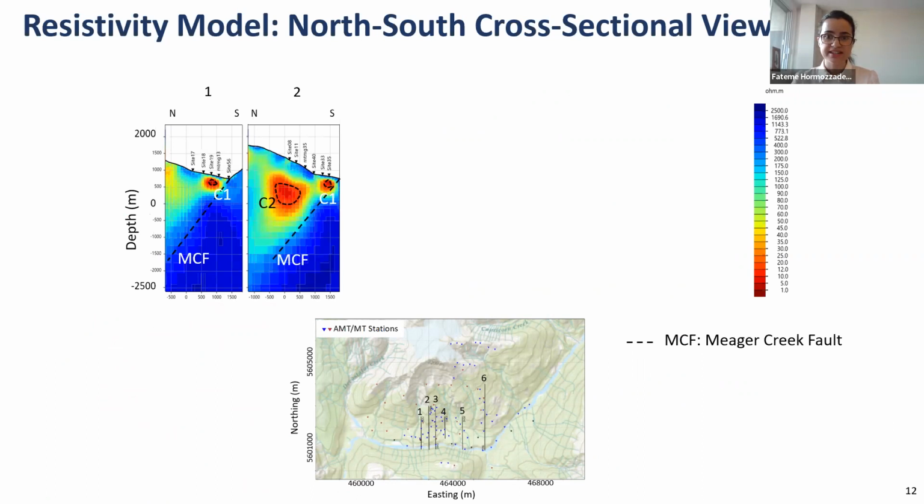So you can see that C2, which was in the south part of the Pylon Peak, appeared in the northern parts of these sections. Below the Meager Creek, we have the C1 conductor in the south of sections.